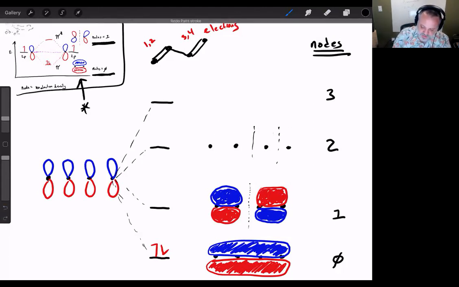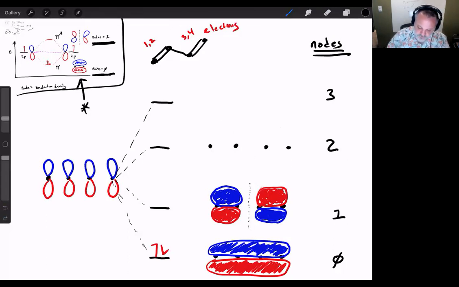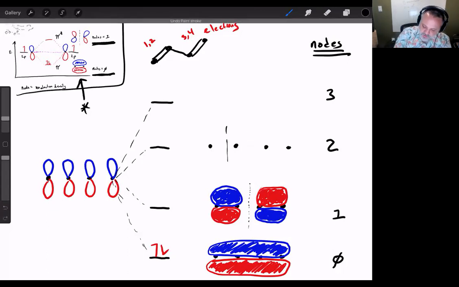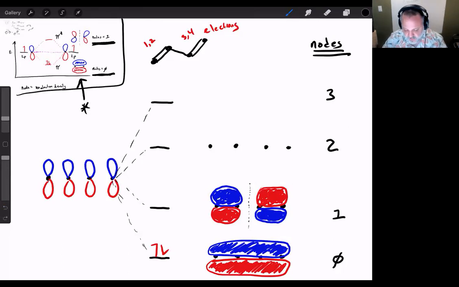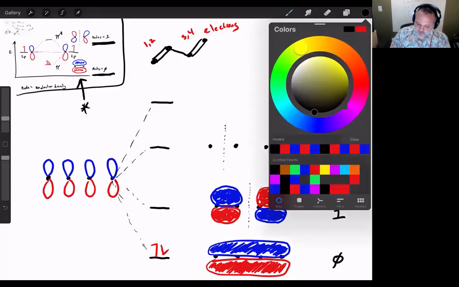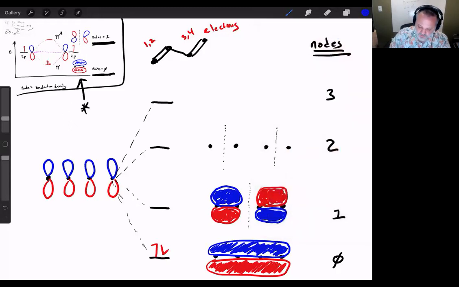That's not the way it's going to happen. I could have 2 nodes here, 1, 2. Again, that's not symmetrical. It's not going to happen that way. So let's think about how I can do 2 nodes in a way that is symmetrical. I think if I put a node here and I put a node here, then the picture that I'm left with is symmetrical. And this is in fact the way it looks.